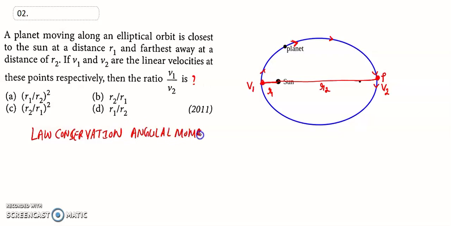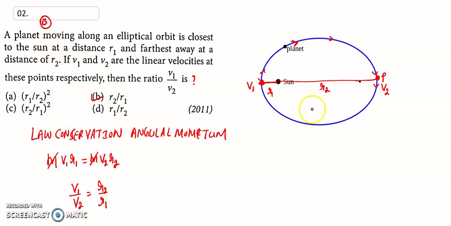So m v1 r1 is equal to m v2 r2. Why? Because the mass is the same, so the mass gets cancelled. The question is v1 by v2, so v1 by v2 is r2 divided by r1. So r2 by r1, that is option B, is the right answer for the second question.